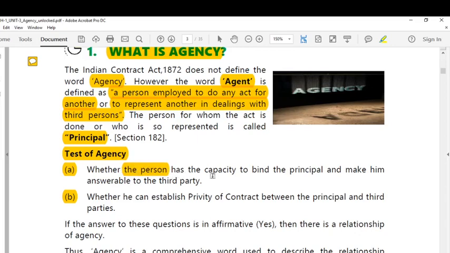If he has the capacity to bind the principal and make him answerable to the third party.